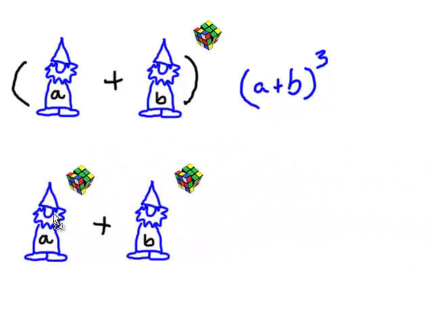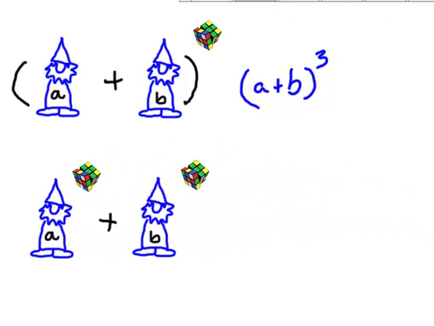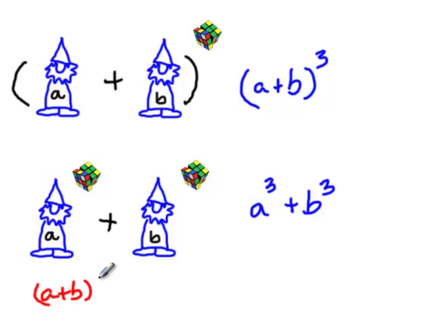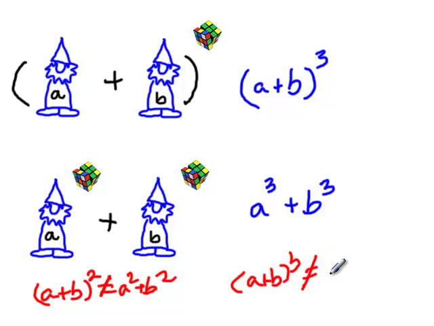We're going to look at these fellows, but you can see they're very different expressions, just as in the same way if I'd written (a plus b) all squared, that's very, very different from a squared plus b squared. So (a plus b) cubed is nothing like a cubed plus b cubed.